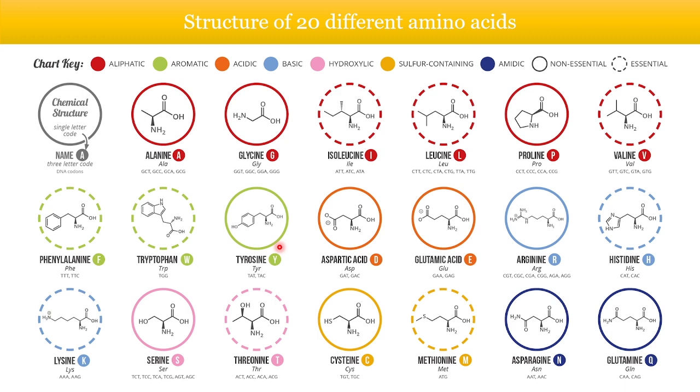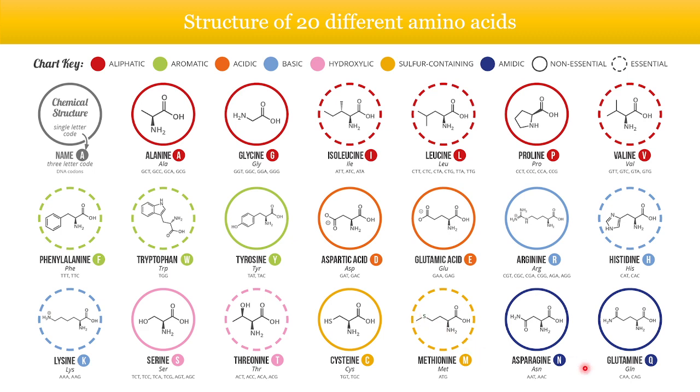Then we have serine, which has an OH group in its side chain. Cysteine has an SH group in its side chain. Threonine has an OH group followed by a CH3, and methionine is also a sulfur containing side chain with a CH3.